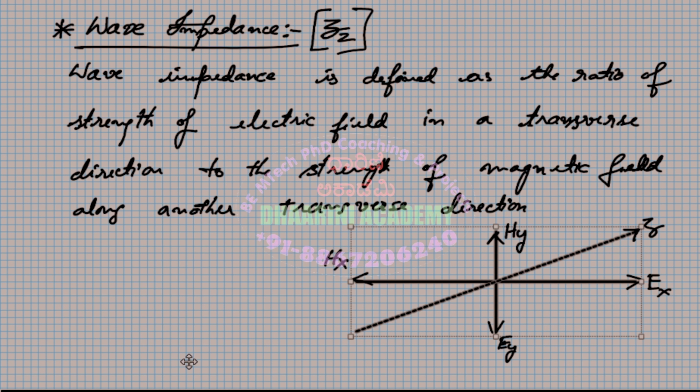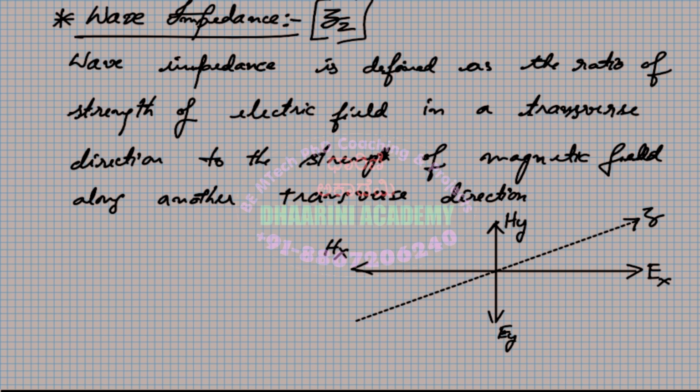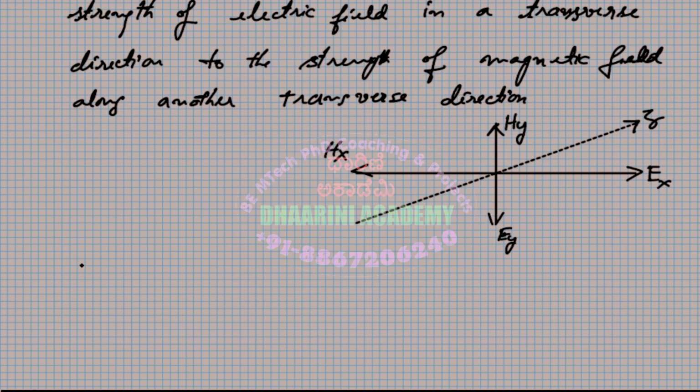All right, now let's try to define Z_z according to the definition we have given. The wave impedance Z_z is equal to either Ex divided by Hy, or minus Ey divided by Hx. These are the definitions.